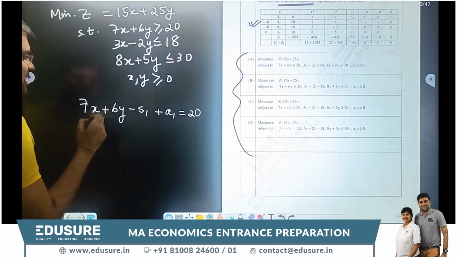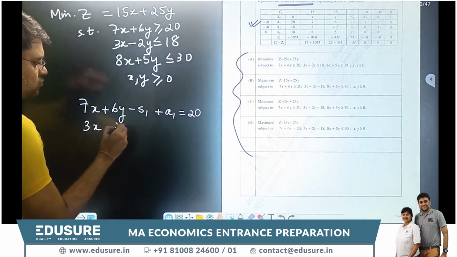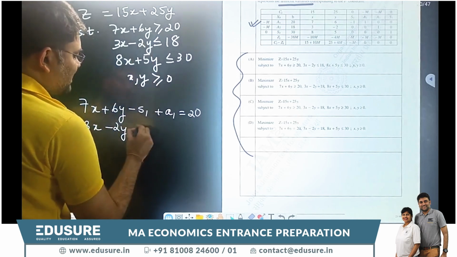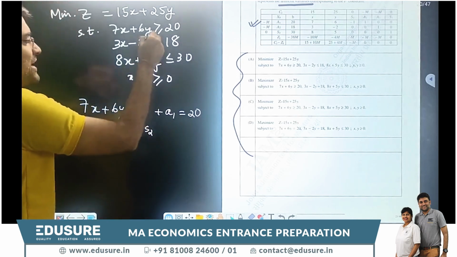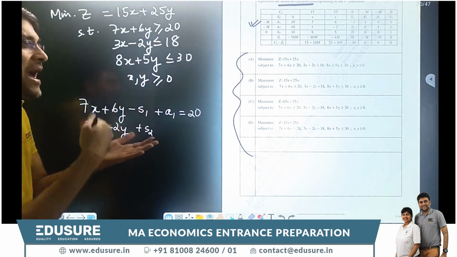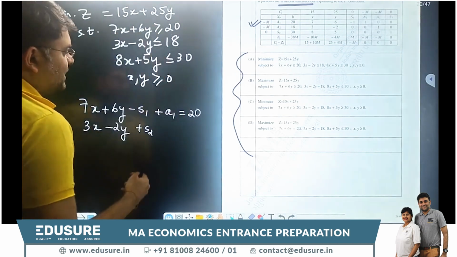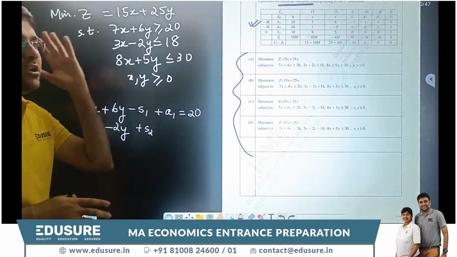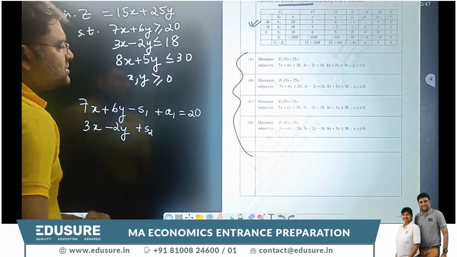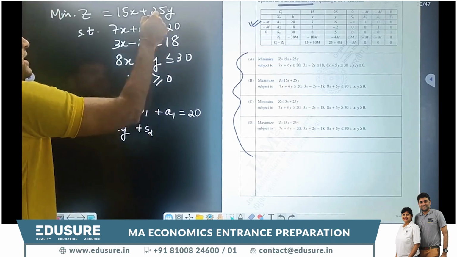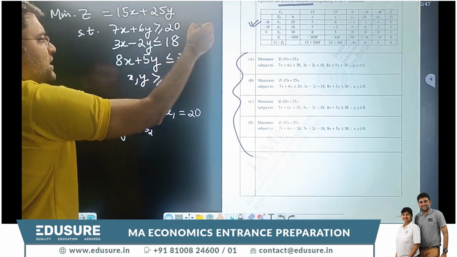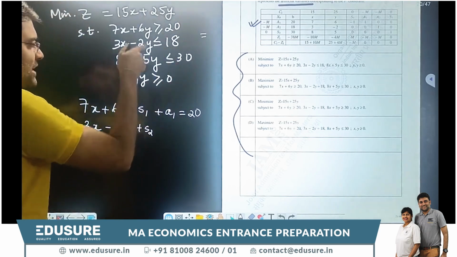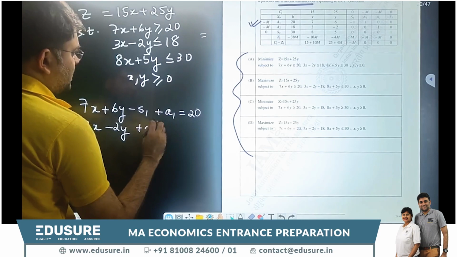Okay, whenever I have a less than equal to, 3x minus 2y plus s2, because it is a less than equal to, so I need to add something to it in order to get to 18. And in this case, I will not add any artificial variable. Artificial variables are only added when the inequality is greater than equal to or when the inequality is exactly equal to. Okay, so यहाँ पर plus s2 and nothing else.